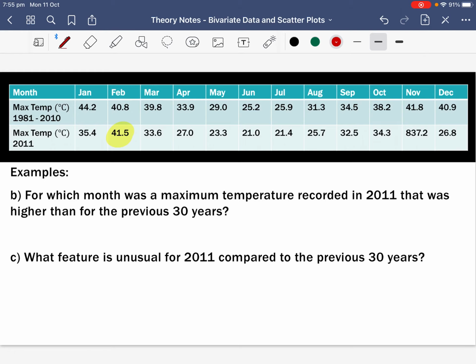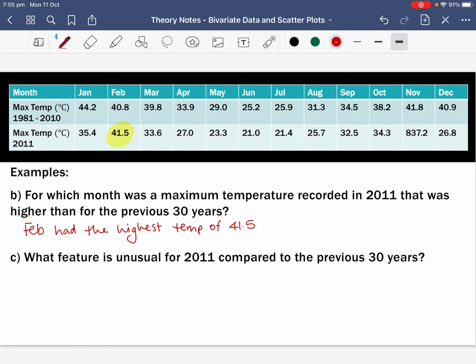So Feb had the highest temp of 41.5. Then part C says, what feature is unusual for 2011 compared to the previous 30 years?